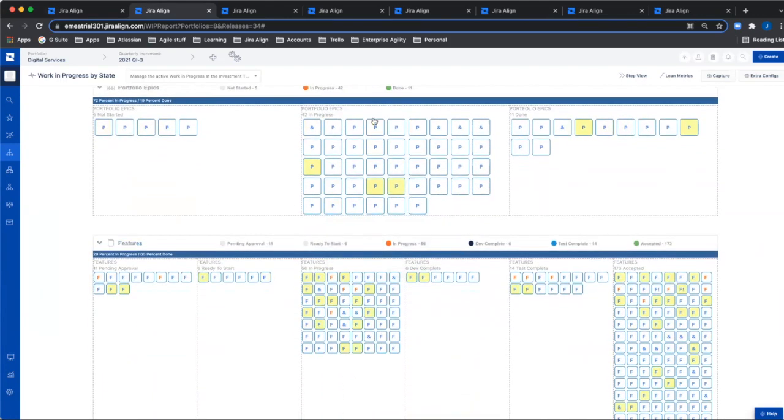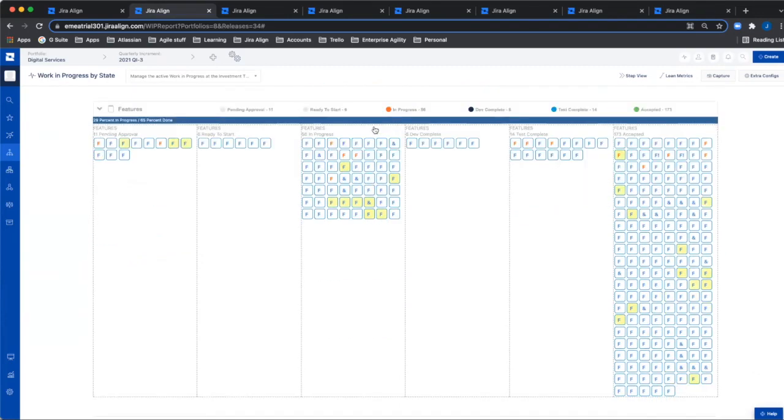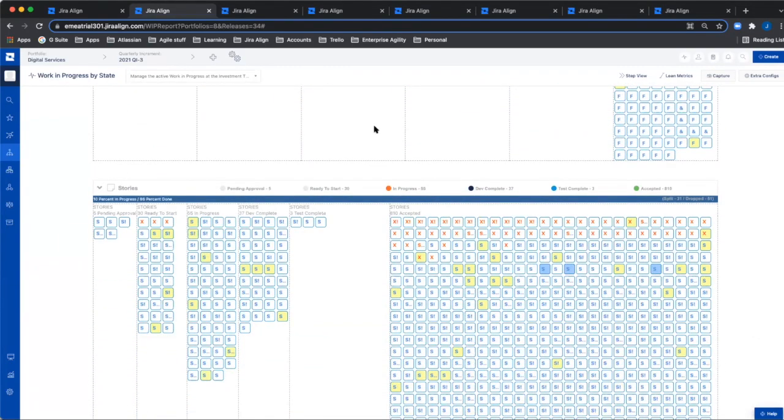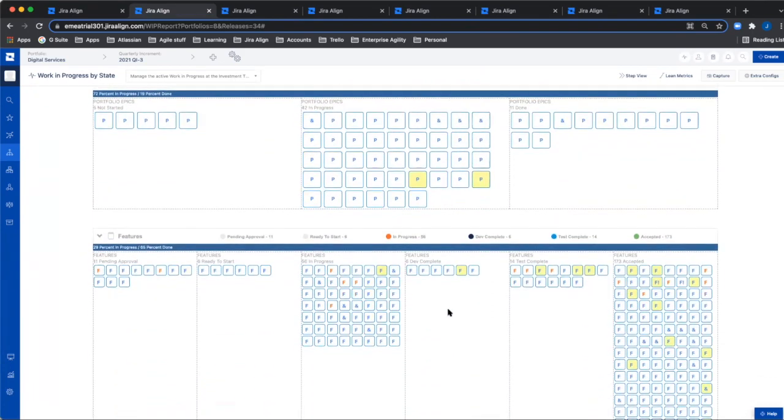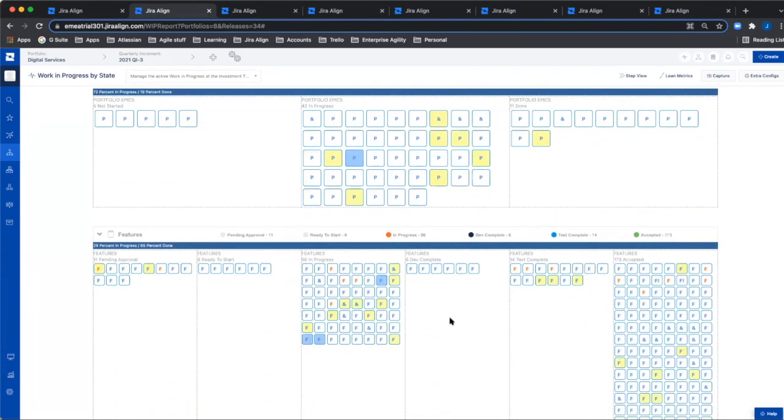If we hover over those, we can see how the work linked to those initiatives and opportunities federates through the system and impacts the work in progress at various levels, straight down to even story level. So it's great for understanding the impact of moving items into an in progress state and how that causes congestion in the system if there's too much work in progress.